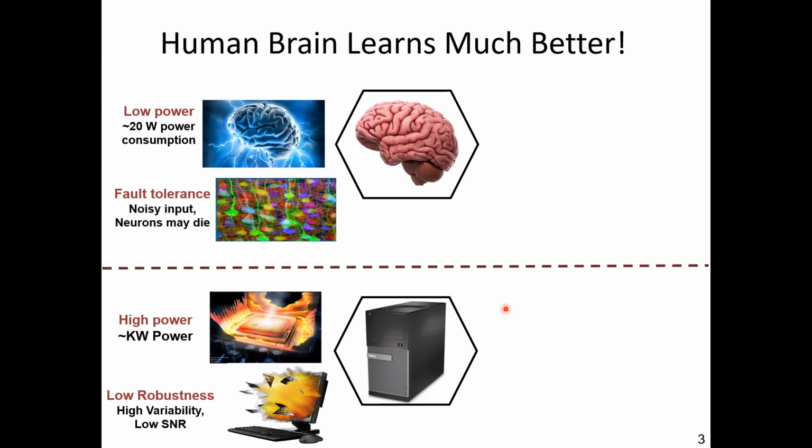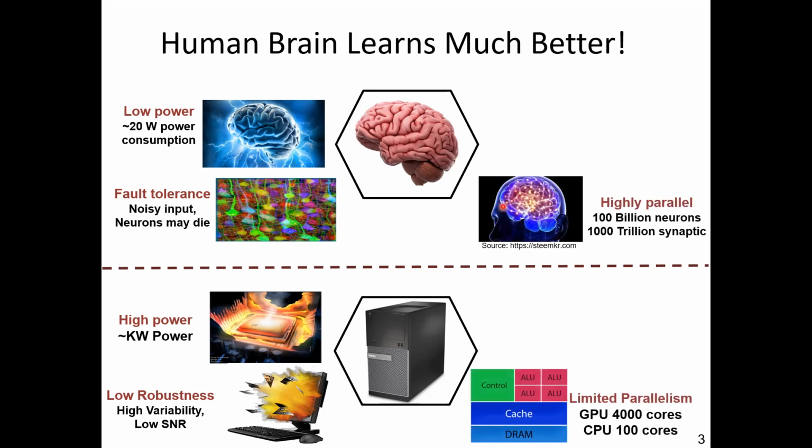Today's computers rely on switches and transistors. If one of the switches stops working, the entire system may crash. While in the human brain, even when I'm giving a talk, I may lose thousands of my neurons, but I'm still pretty accurate. The other very important factor is parallelism.